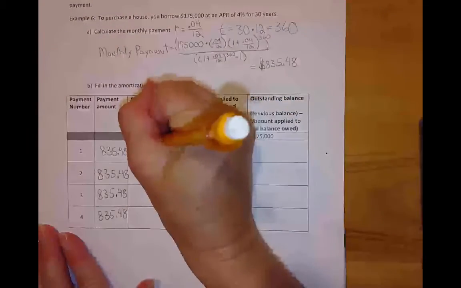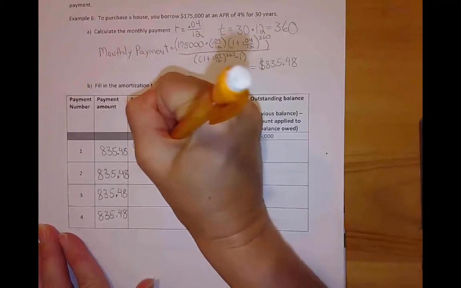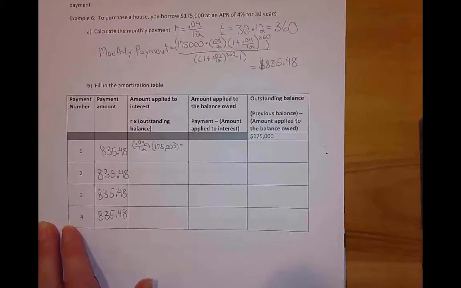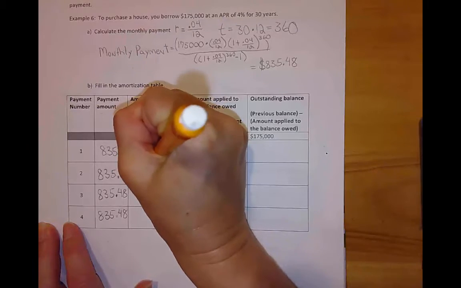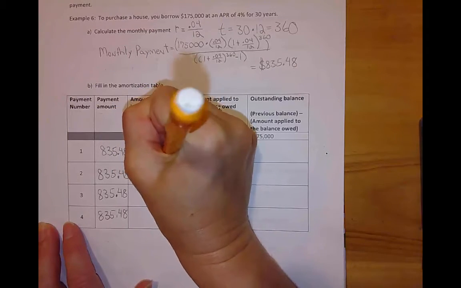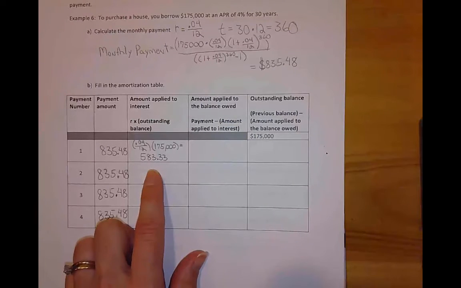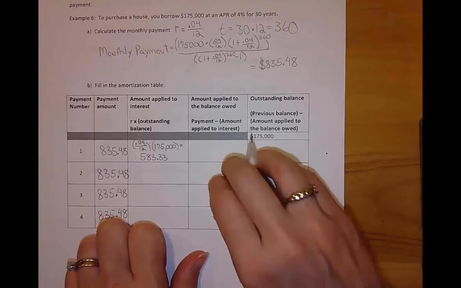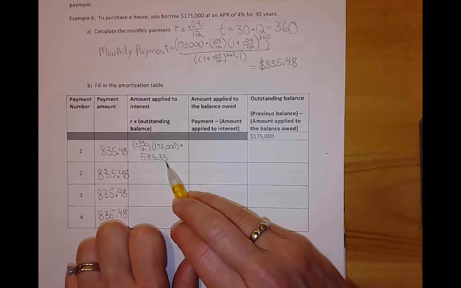And I'm going to multiply that by my outstanding balance, $175,000. And when I do this, I get $583.33. Go ahead and put this in your calculator to make sure you get the same thing as me. Now, I believe I did round to the nearest penny, and that's what we're going to do all throughout this chart. So I rounded to 2 decimal places.